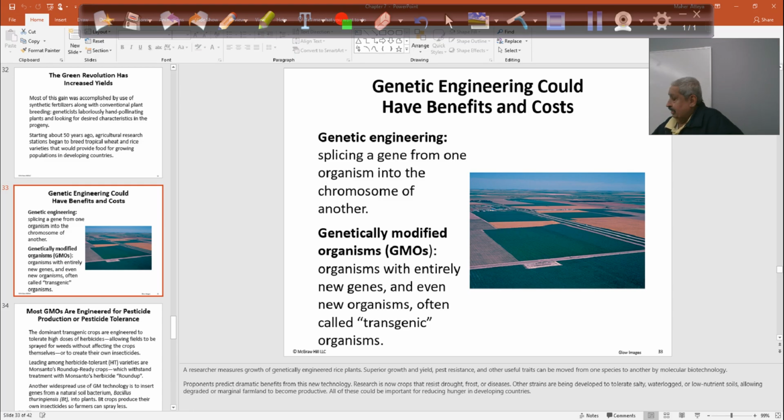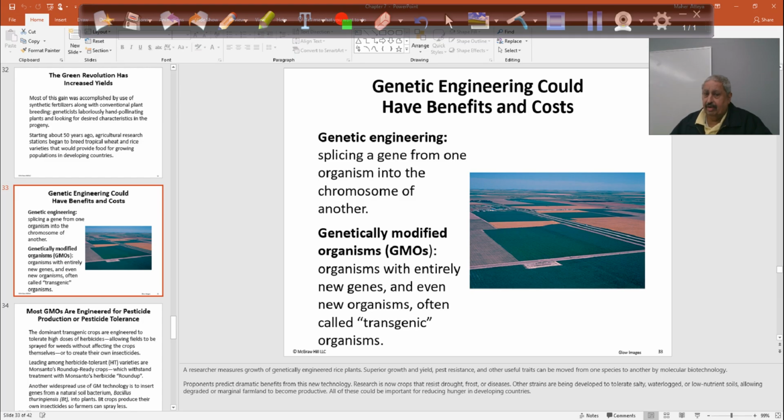You use a targeted method: you target special genes, take them out of the strong plants, and put them in the chromosomes of weaker plants. That really helps protect the plants from being attacked by pests or intruders.